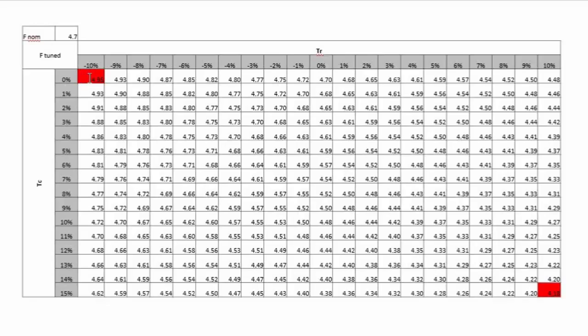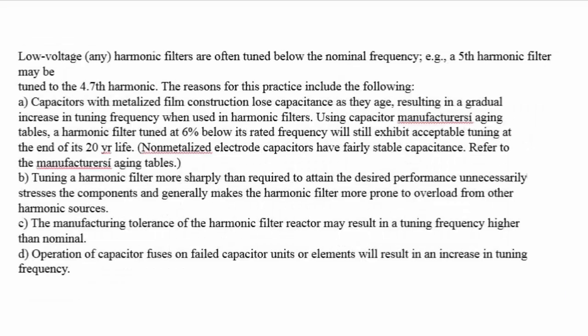So you have to be careful of the tolerance. If you design a filter with a very, very specific tuning, the most likely thing that will happen is that it will not work as intended. So you have to watch out for this.